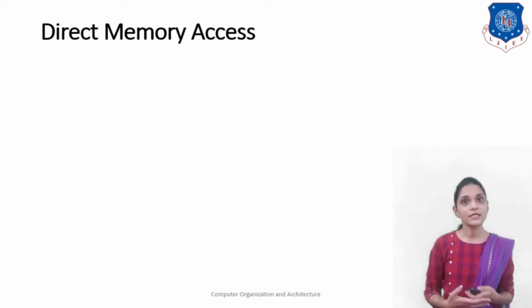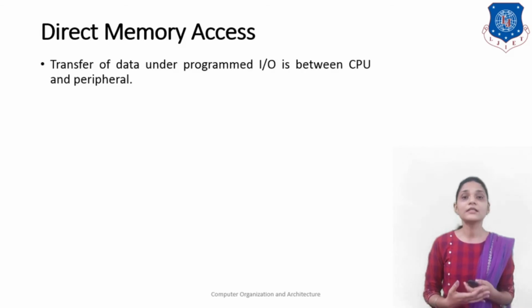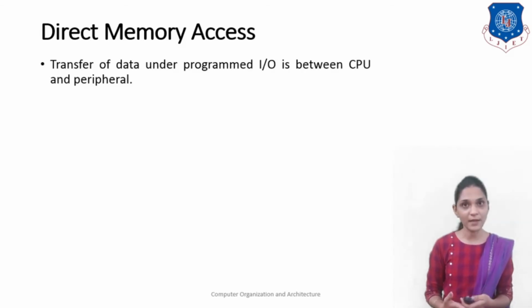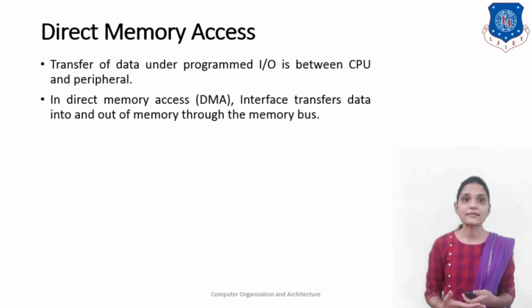Next, we will see direct memory access, or DMA. The transfer of data under program I/O is between the CPU and the peripheral. In direct memory access, the interface transfers the data into or out of the memory through the memory buses.